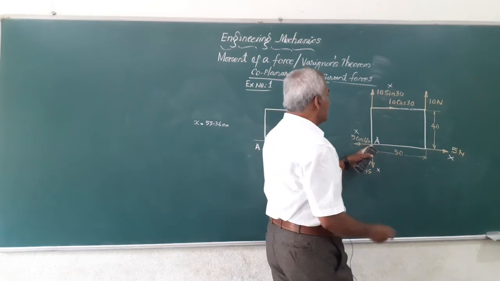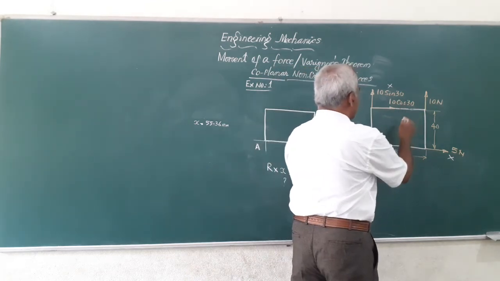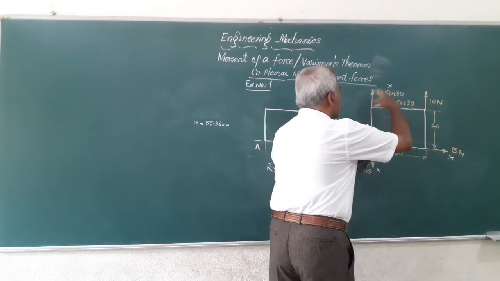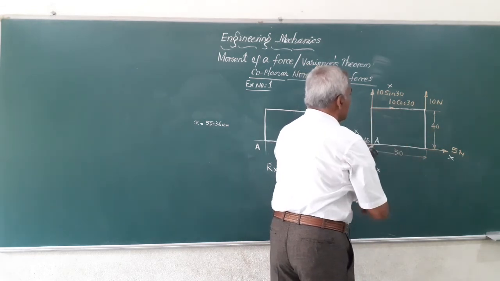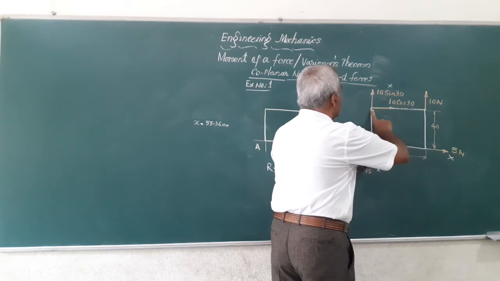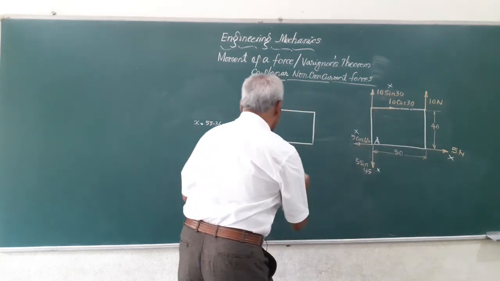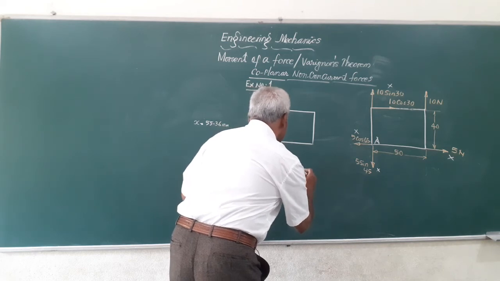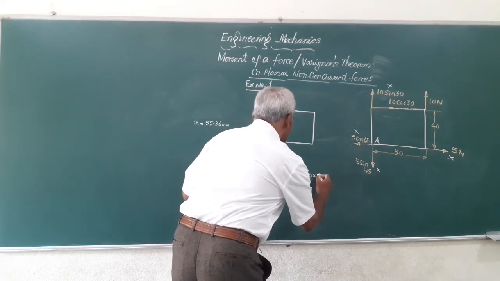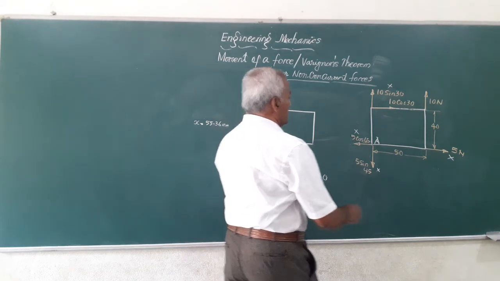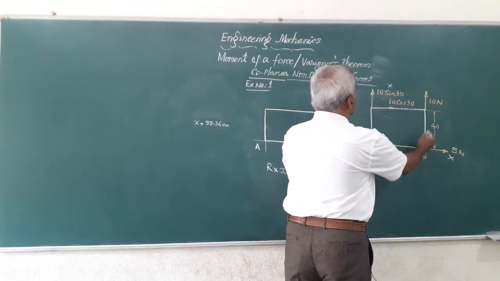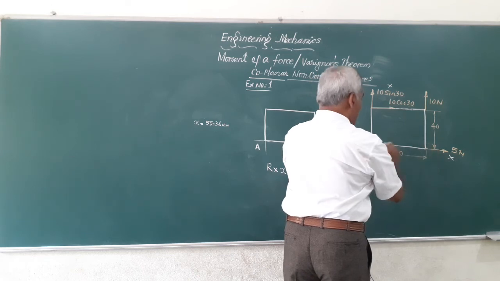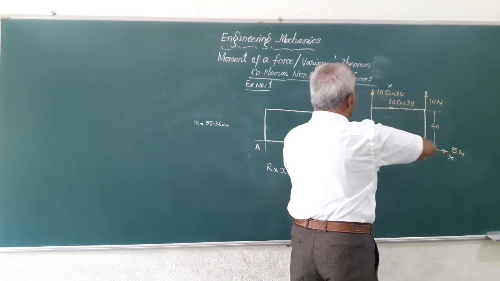Whereas you have this 10 cos 30 about this point A, it gives a clockwise moment. So 10 cos 30 into that distance is a clockwise moment. I take it as positive. Then this 10 Newton force acting at a perpendicular distance of 50 millimeter produces an anti-clockwise moment.